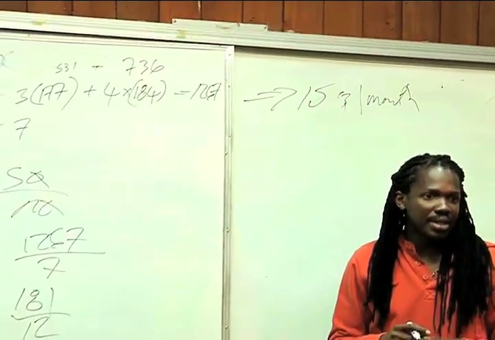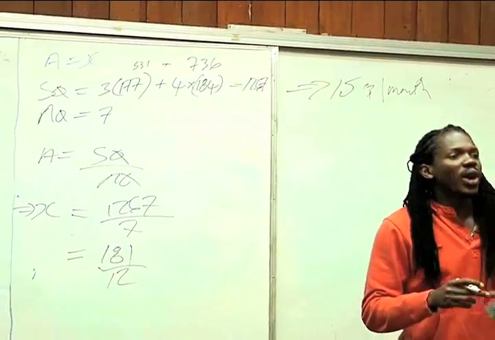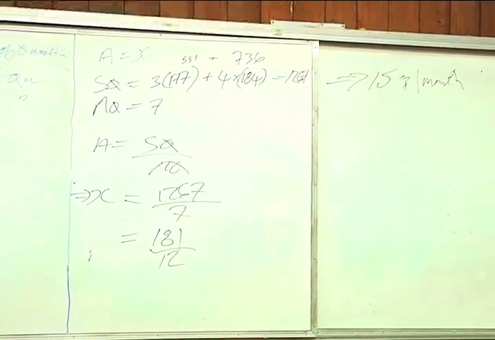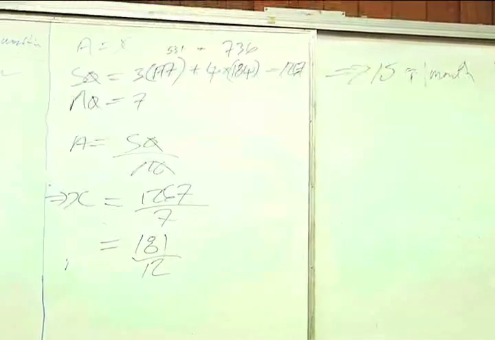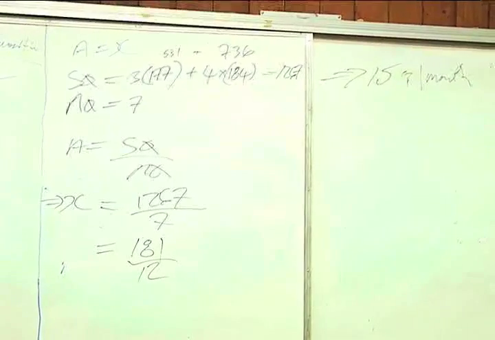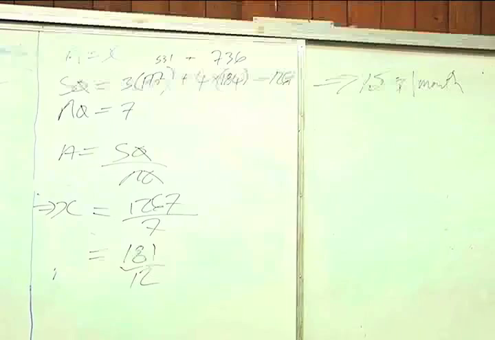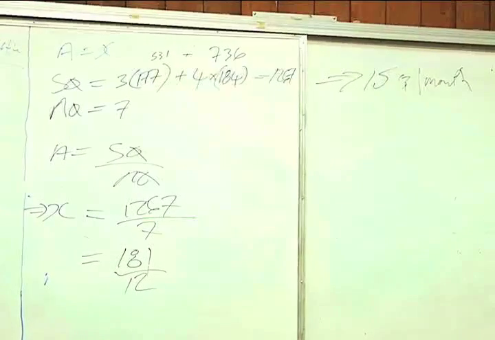If we say you are 10.5 years, then you're not 10 years and 5 months. You're 10 years and 6 months, because 0.5 is times 12. Do you understand?